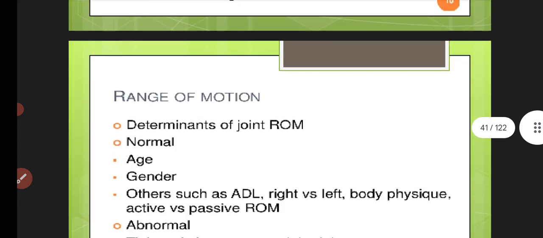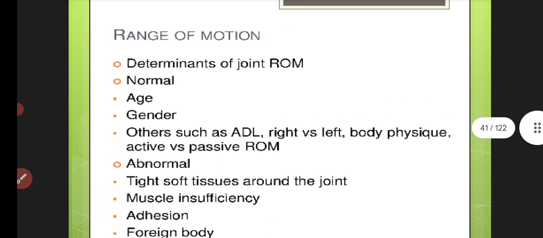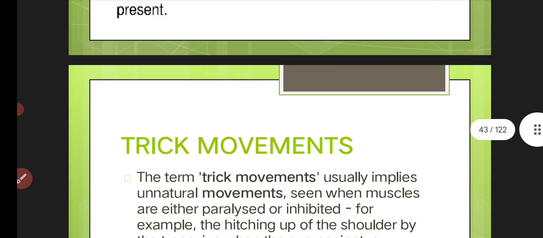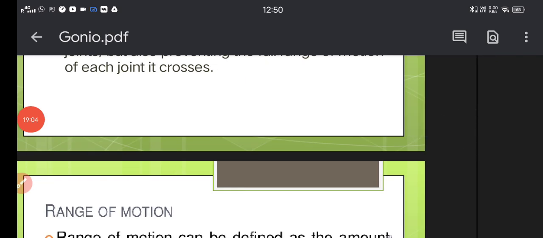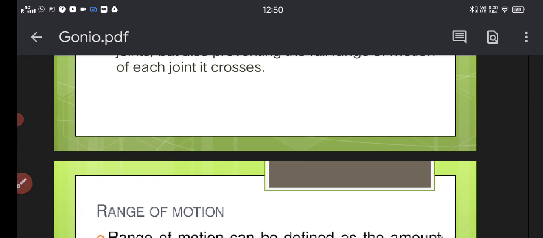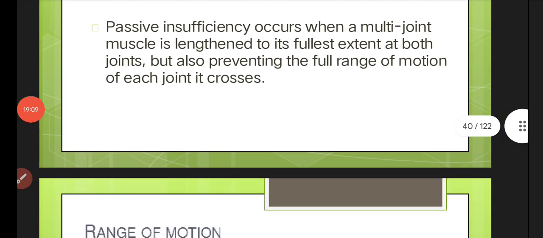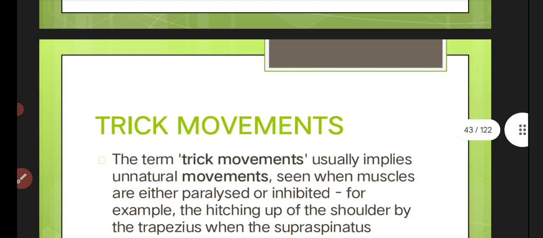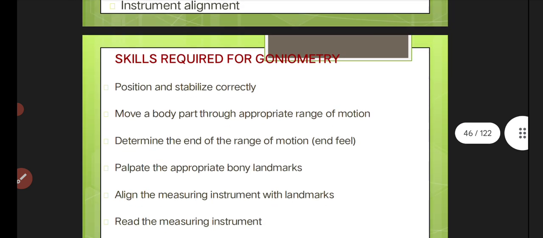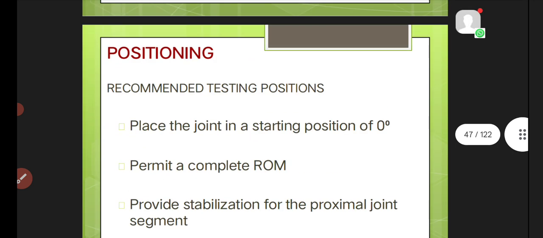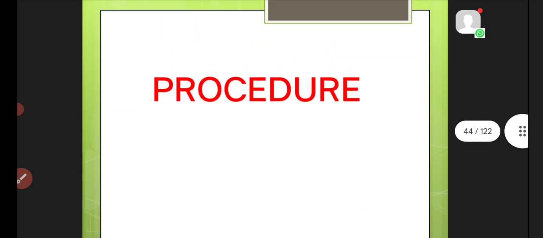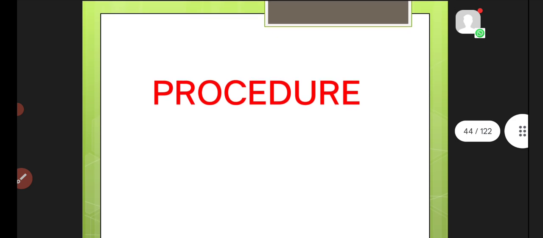Next one is the range of motion, which is another chapter, and next we'll study the procedure of goniometry.